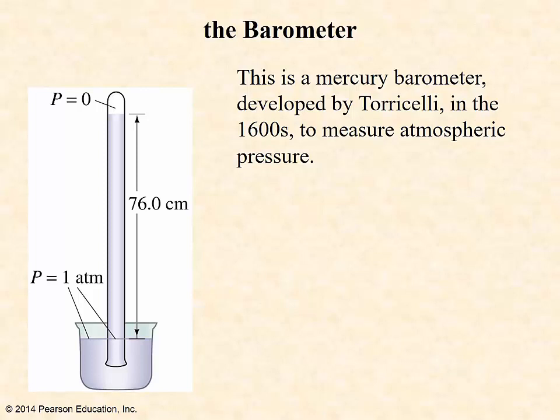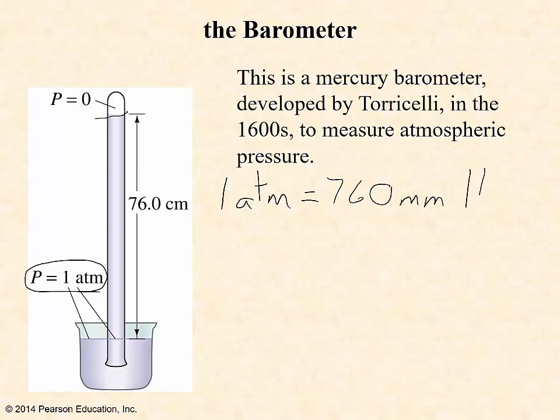The height of the column of mercury is such that the pressure in the tube at the surface level is 1 atmosphere. So pressure is often quoted in millimeters of mercury, such that we could say that 1 atmosphere is equal to 760 millimeters of mercury.